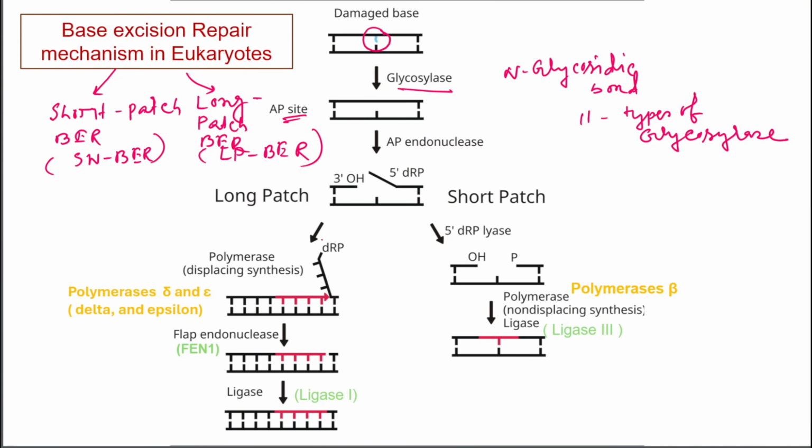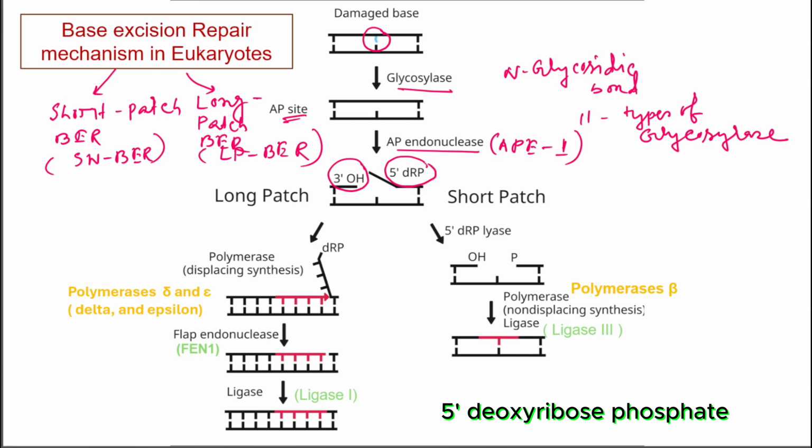Then the endonuclease APE1 in humans cuts the DNA backbone at the 5' side of the AP site, creating a single-stranded break with a 3' hydroxyl group and a 5' deoxyribose phosphate, that is the 5' dRP site.